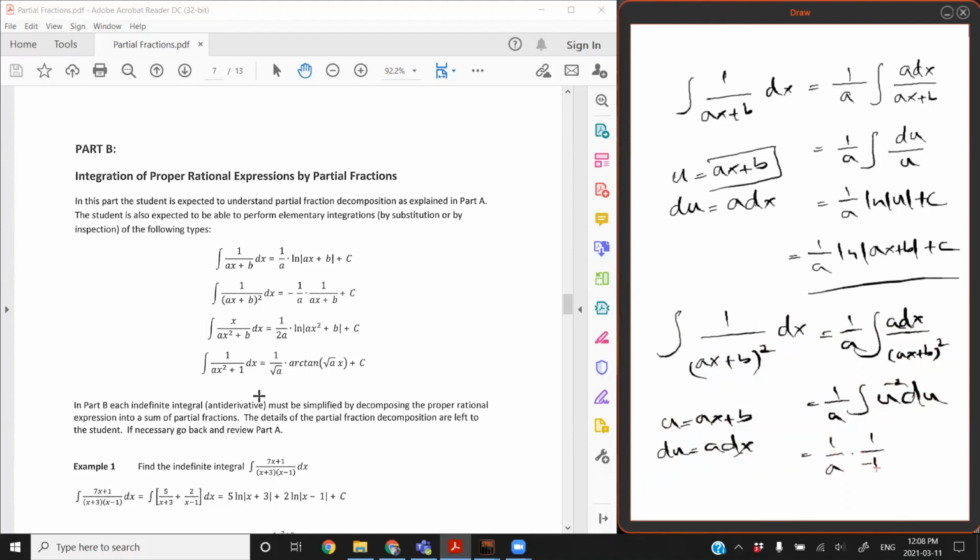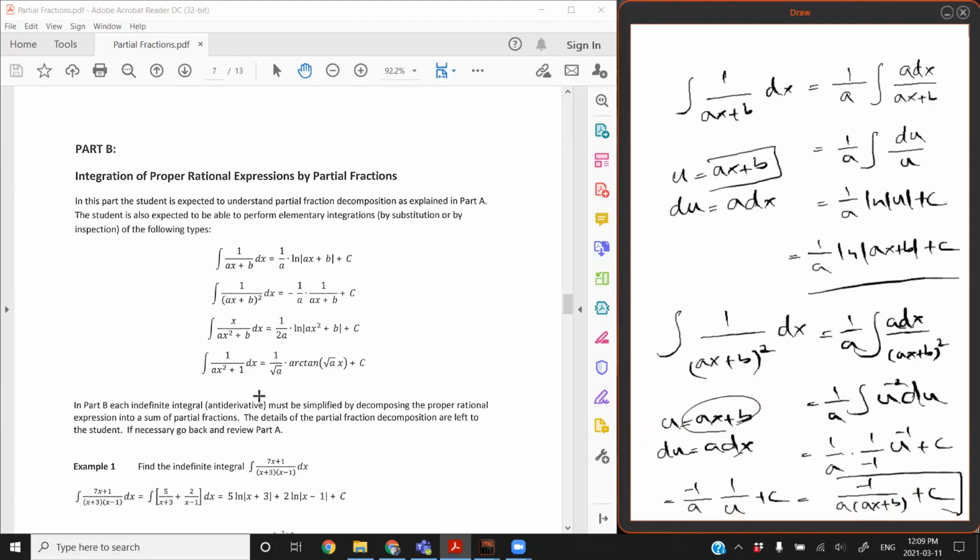It's 1 over negative 1 u to negative 1 plus c, which I can also write as negative 1 over a, 1 over u plus c. And if I replace the u with whatever it is, I get negative 1 over a times ax plus b plus c. So I get the next one. So as you can see, it's just a substitution.